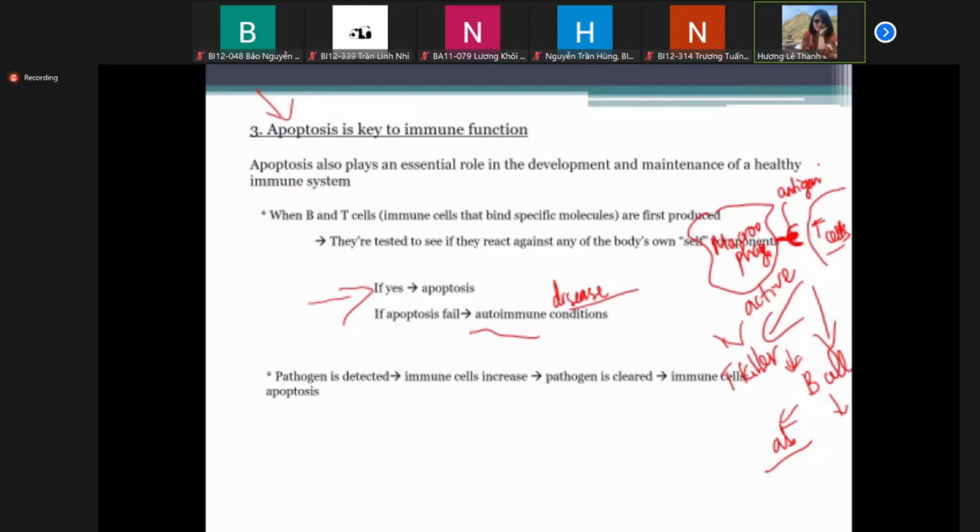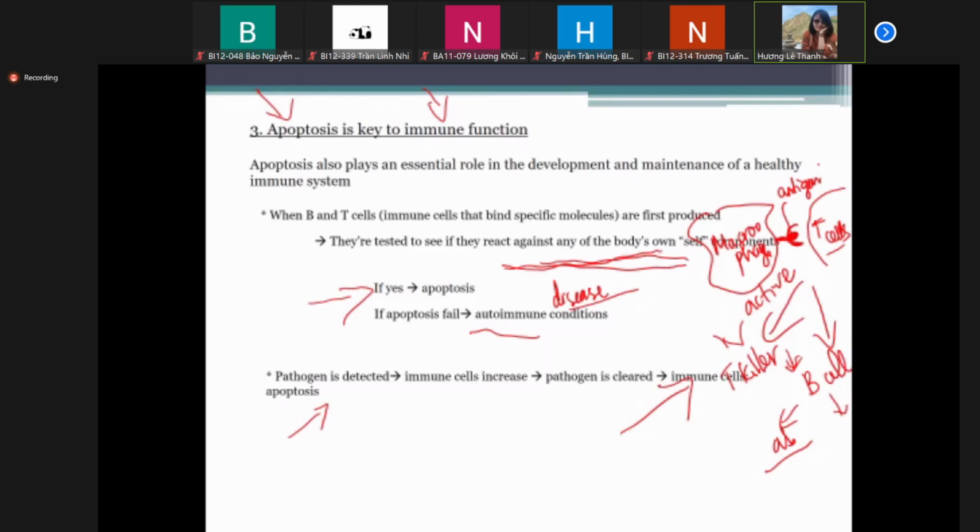So they need to be removed, and they need to die following apoptosis. First, the immune system is tested on whether it finds our body cells instead of the pathogens. Second, after the pathogens are cleared, we need to remove the immune cells too because we don't need numerous of them inside our bodies.